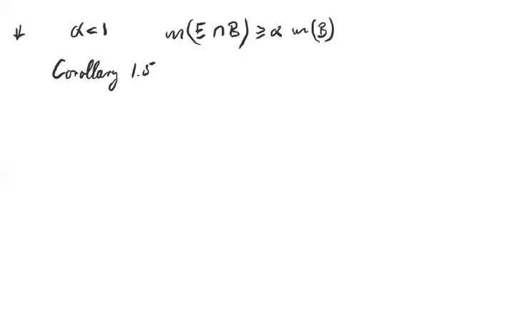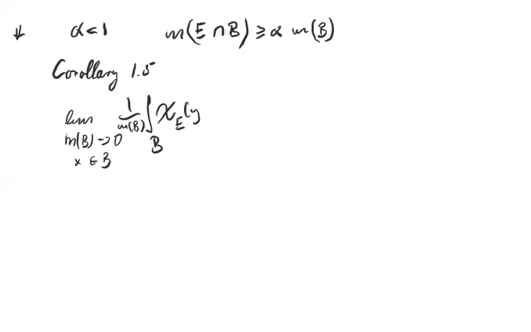It follows if you apply theorem 1.4 to the characteristic function of E, then you see that the limit, as the measure of B goes to 0 with x in B, of 1 over the measure of B times the integral over B of the characteristic function of E, is the limit of 1 over the measure of B times the integral.